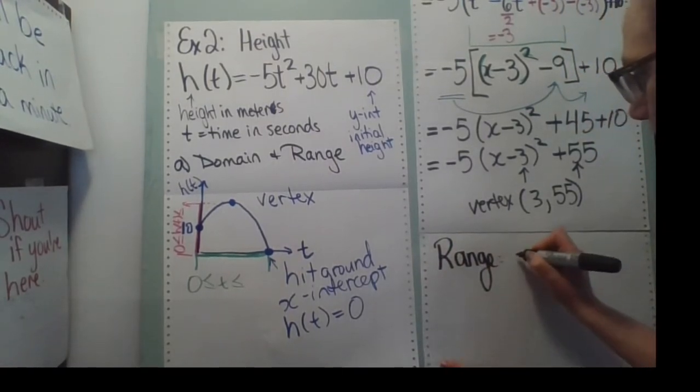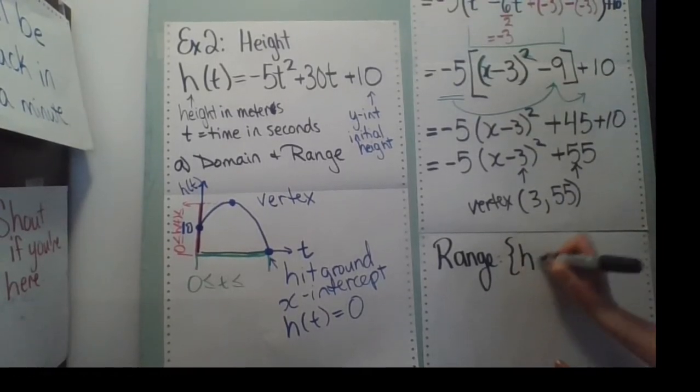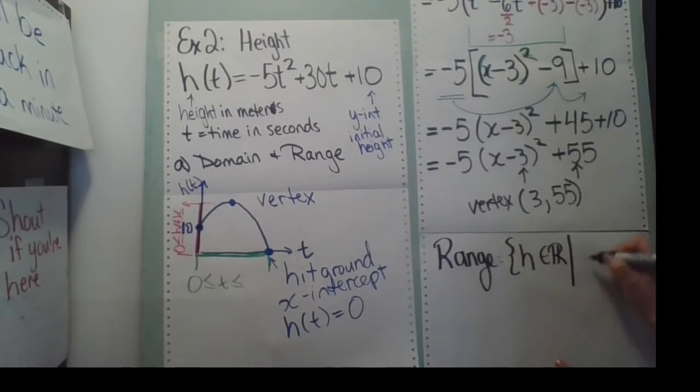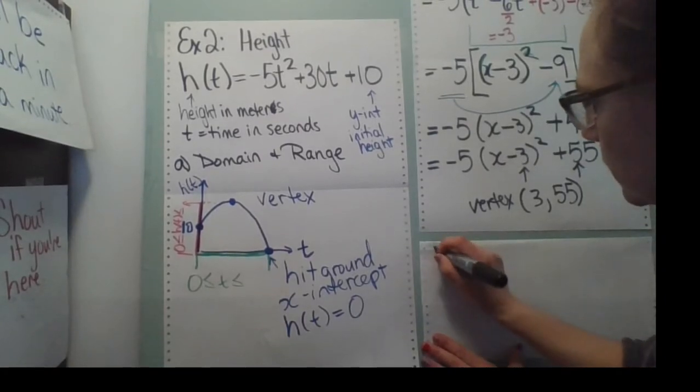Range, we said was, what do we got? Height. So our height will be any real number such that 0 is less than or equal to, wait, this isn't right. Let's try that again. I didn't like how it was looking.